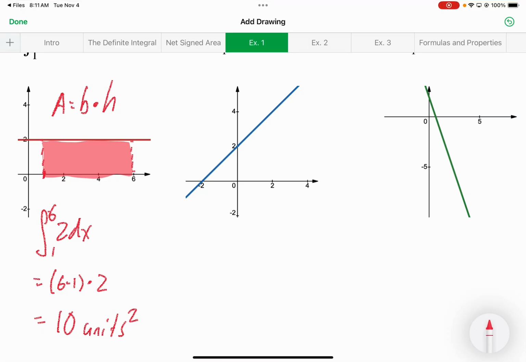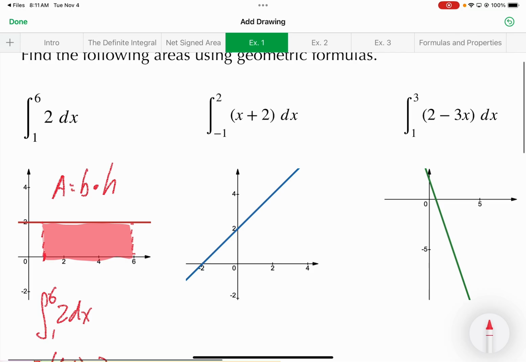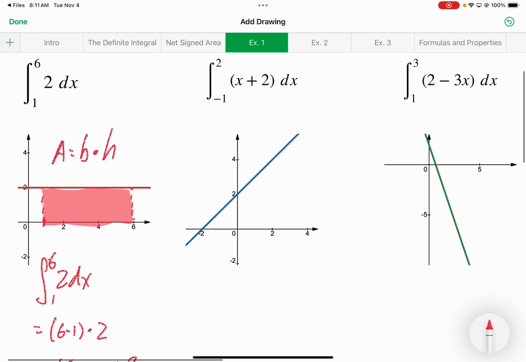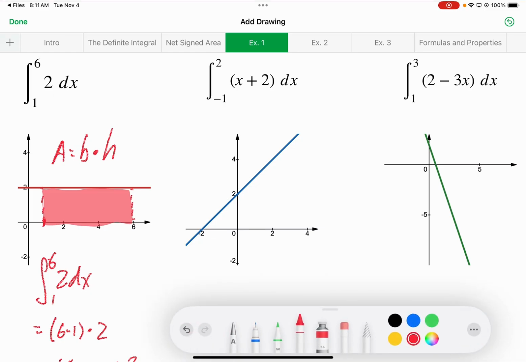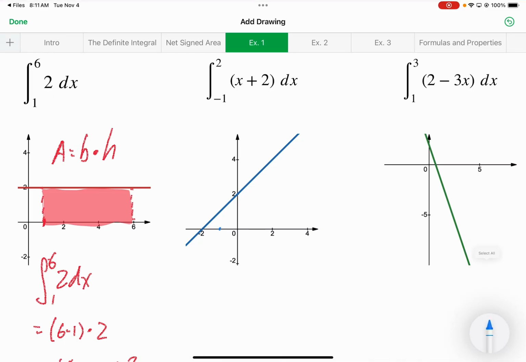All right, another one. I want to find the area under the curve between the x values of -1 and 2 of our function x plus 2. Okay, so -1, let's say, is here, and then 2 means we are finding this area.